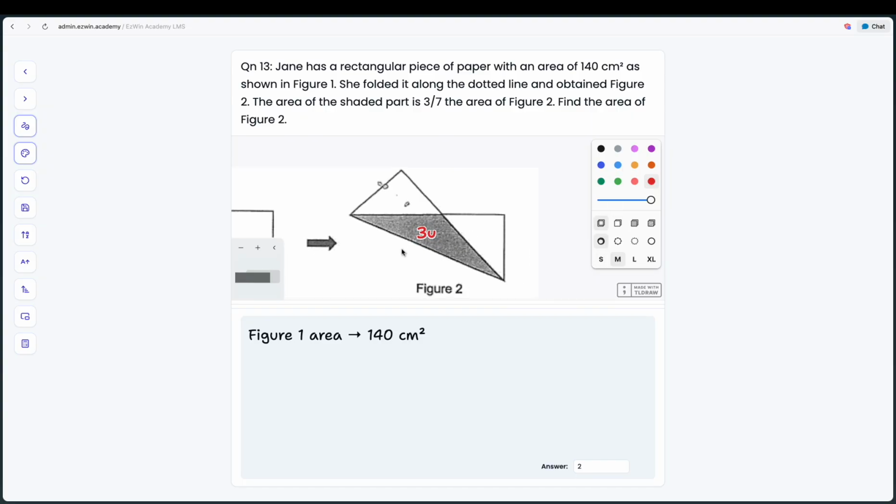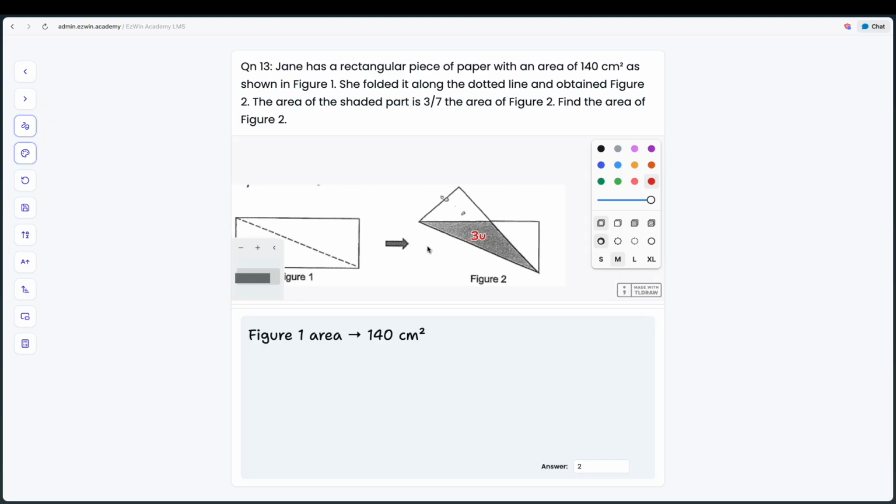And at the same time, when you fold these two up, you see that we have 2 of the same triangles folded as well. That's what I see over here, 1 and then 2.